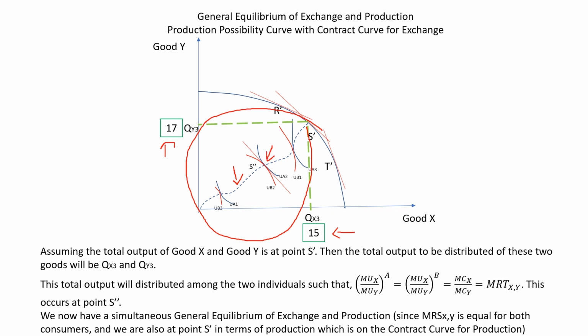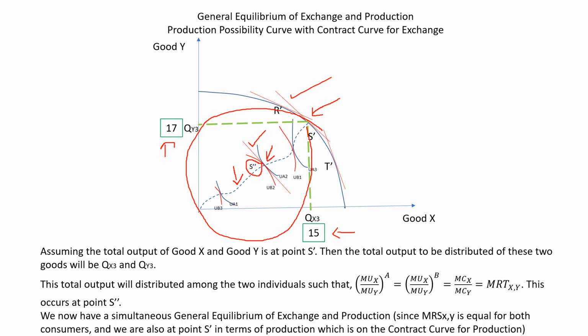slope of the indifference curves is equal to the slope of the production possibility curve. So over here, the point where the indifference curves are tangential, point S double prime, is the point where the slopes of the indifference curves are equal to the slope of the production possibility curve.